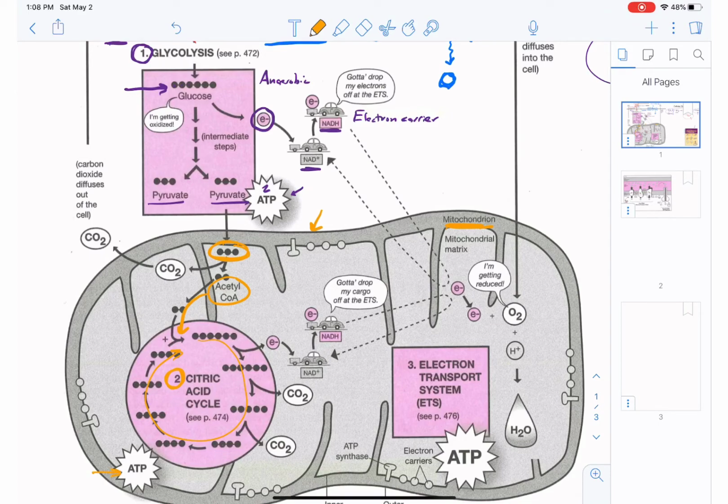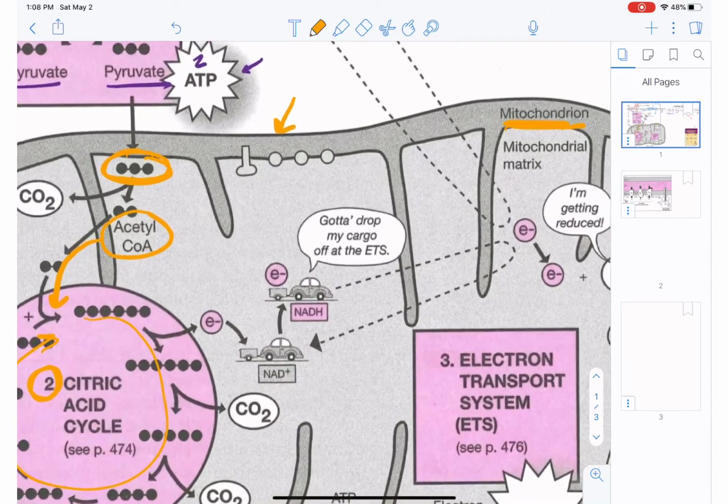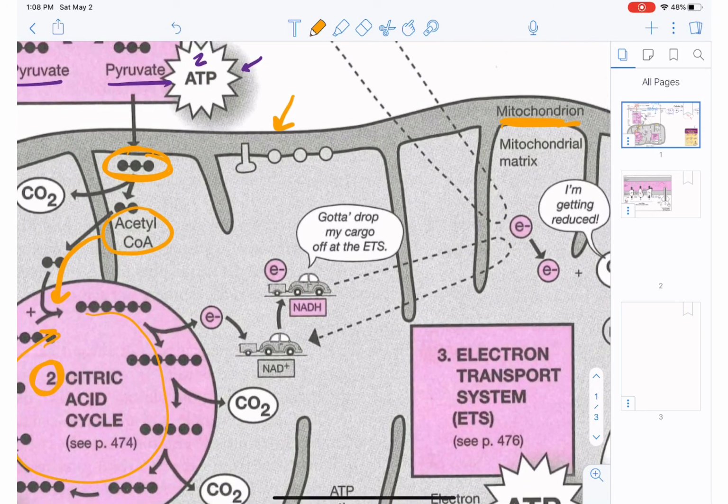Well, again, we're making some ATP down here. Are we making a lot of ATP? No. Again, we're only making about 2 ATP here. The main product from the citric acid cycle are going to be these NADH molecules, these electron carriers. We're going to produce about 6 NADH molecules, and we're also going to produce another couple electron carriers called FADH2.